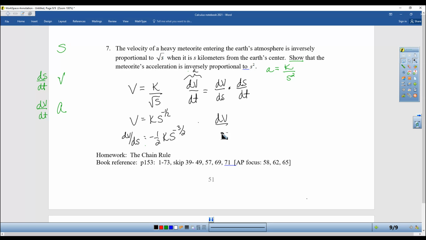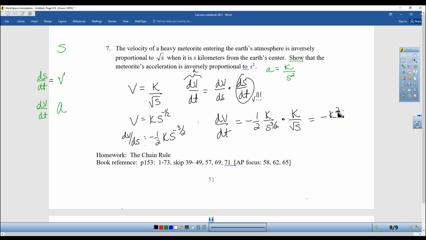So dv dt is dv ds, negative 1/2, k is on top, s to the 3/2 is on bottom, times ds dt. And this is that tricky thing again. ds dt is velocity. So velocity is k over square root of s. What does this become?